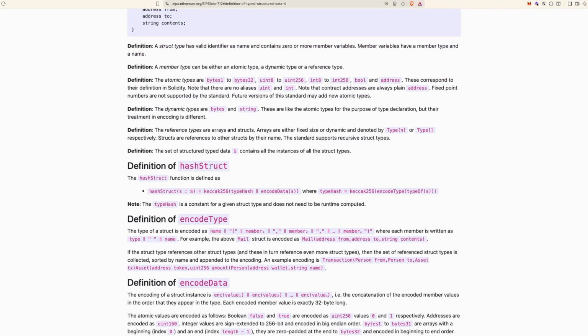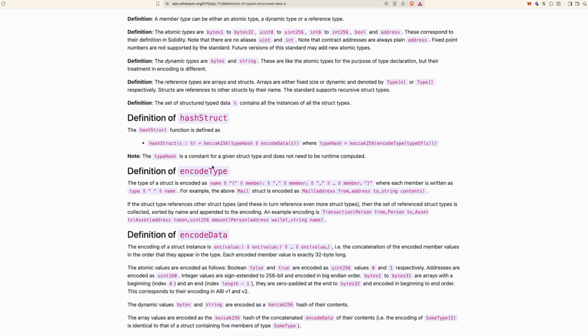Does typeHash, will I know that? Okay, so I think the answer is here.